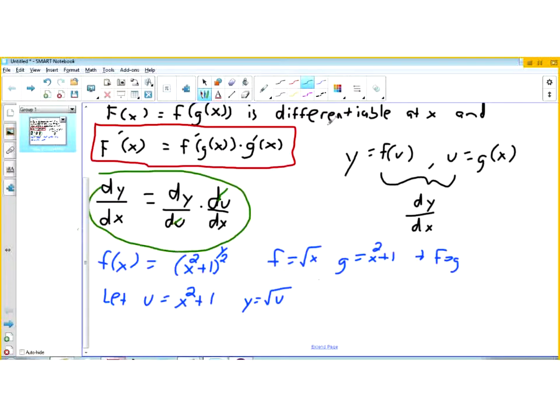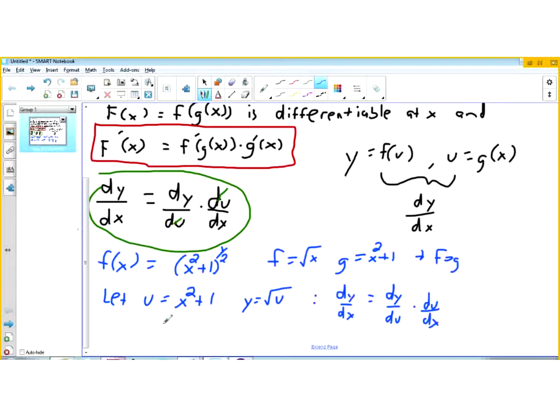Use this result. Okay, so dy over dx is equal to dy with respect to u times du with respect to x.